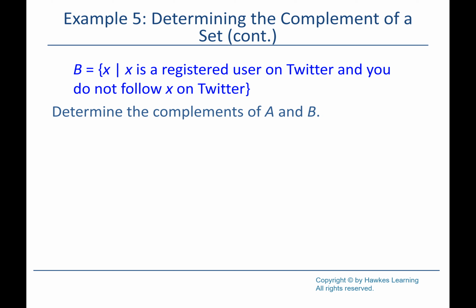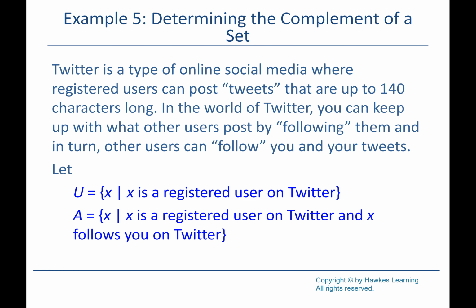We want to find the complement of both of these sets. So let's find A complement first. So I'll flip back to A. A is all the Twitter users that follow us on Twitter. So the complement would be what?